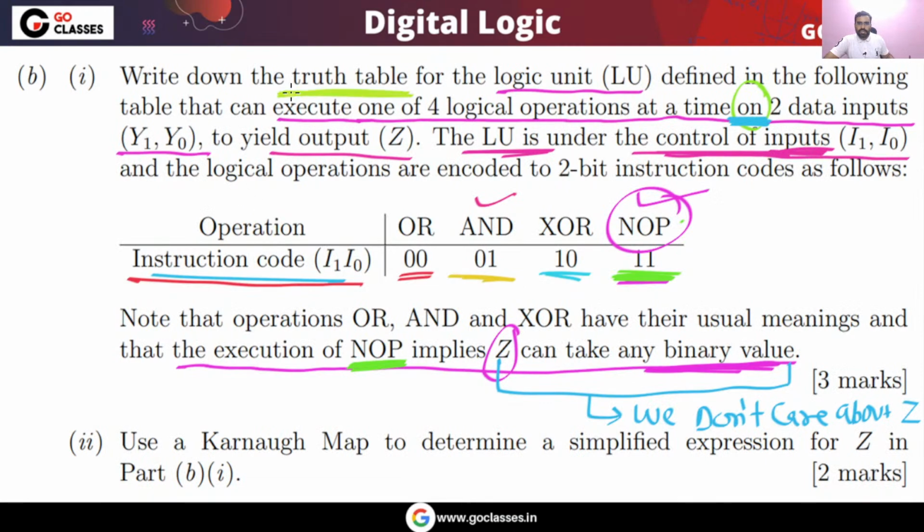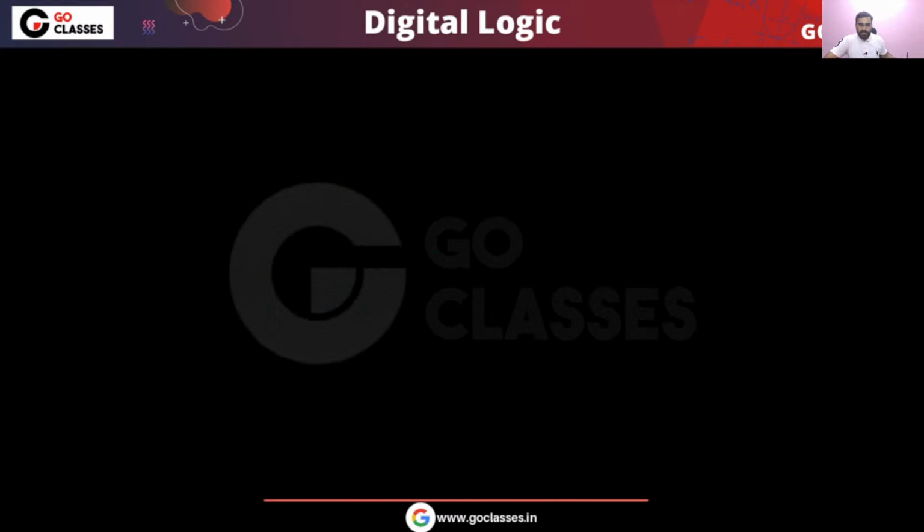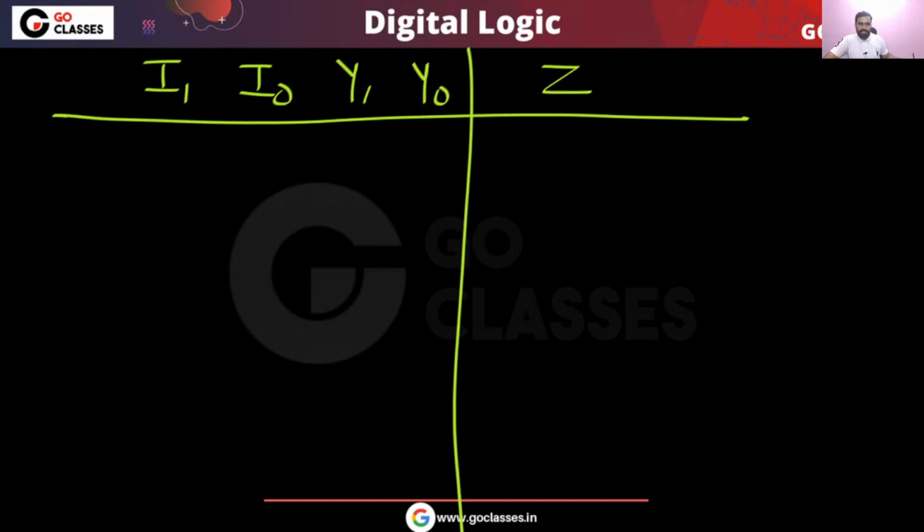The question is asking to create a truth table, so let's create it. The truth table will not take much time; I leave it up to you. The truth table will have I1, I0, Y1, Y0 as the four variables, and this is your function. Z will depend on I1, I0, Y1, Y0.